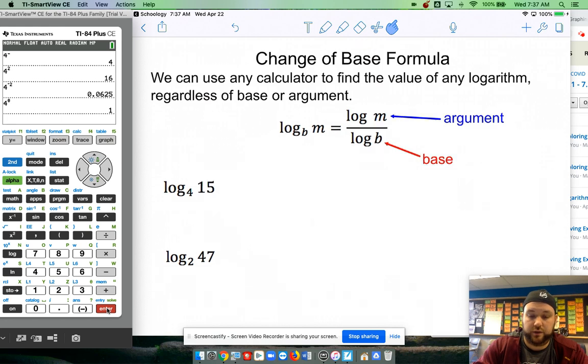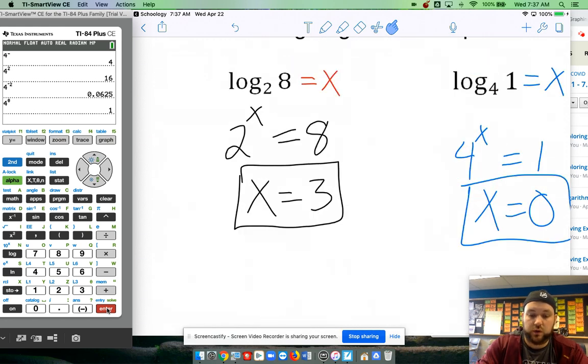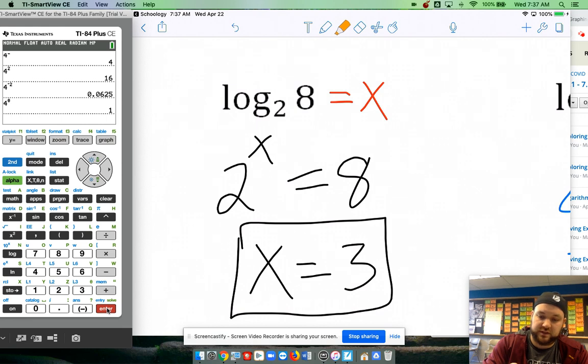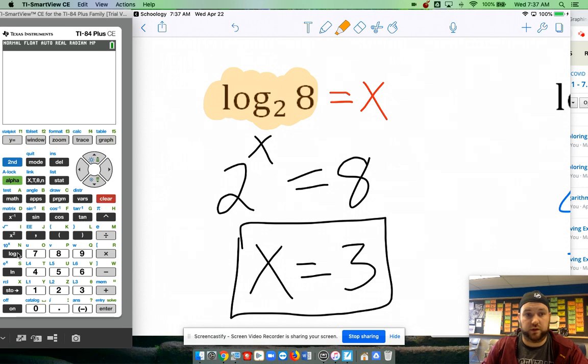Okay, but the problem is almost no calculators. If I wanted to type this into the calculator, almost no calculator has a log base 2 button. Okay, the only button on the calculator that's immediately apparent is this log button, and again, this is going to be base 10.